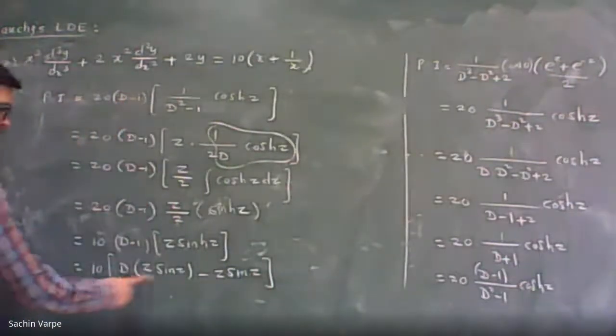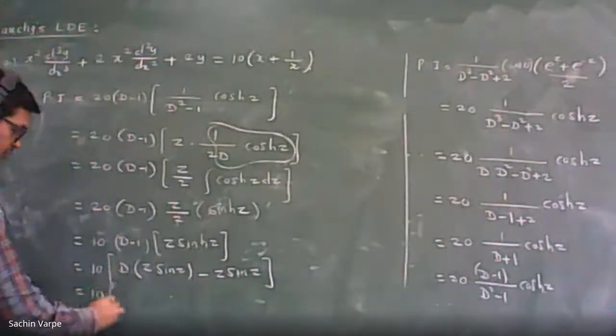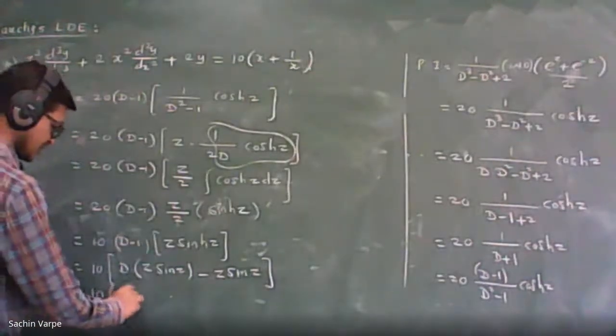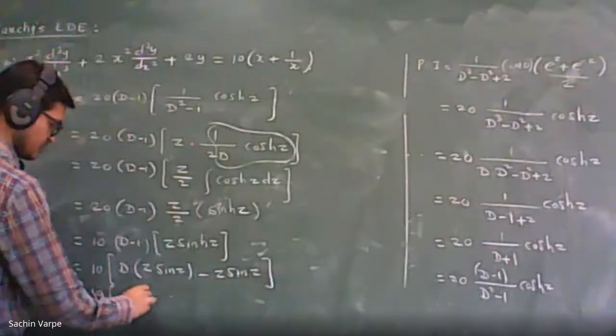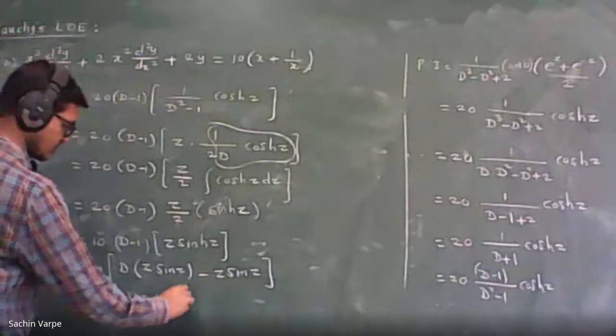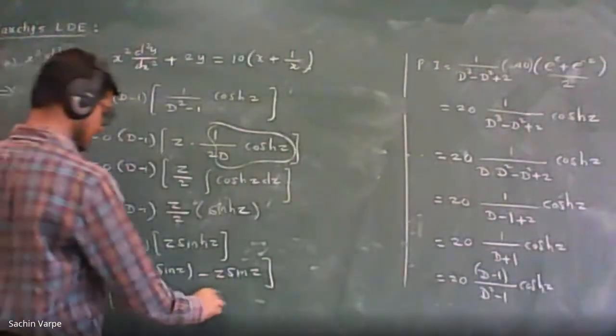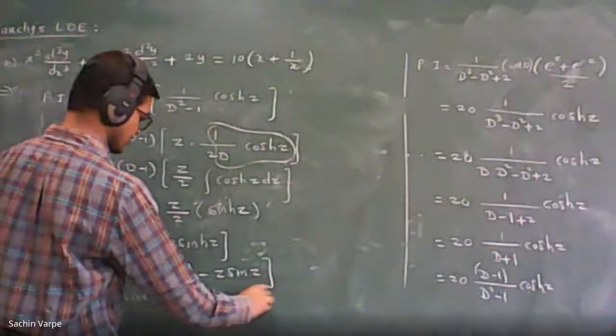And now the derivative of this again with the product rule. That is 10 into sine z plus z cos z minus z sine z.